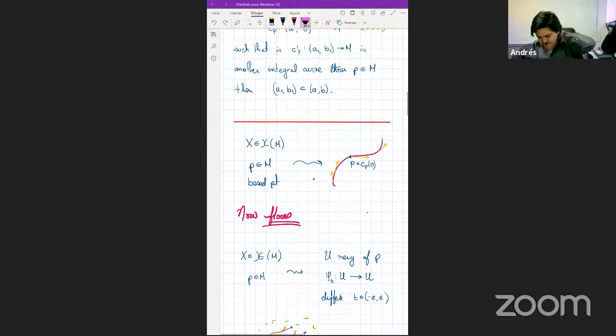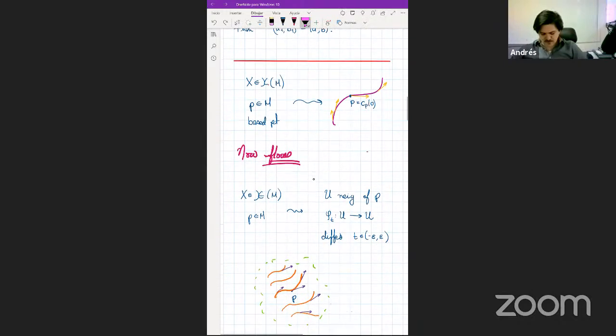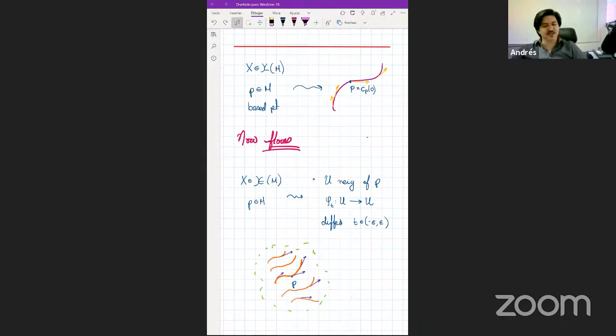Okay? So roughly speaking, this is what we're going to have. All of the orange lines correspond to distinct integral curves. Of course, we have the one through P, but there are many others that do not belong to P.